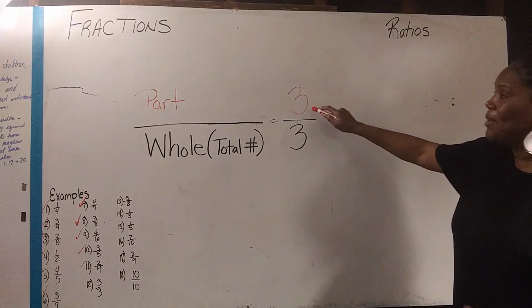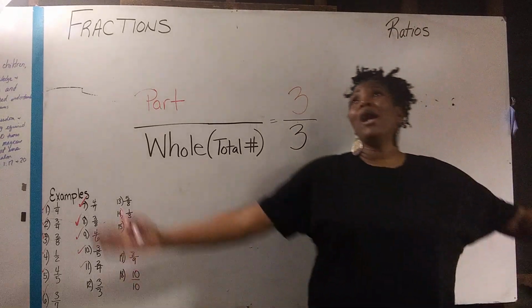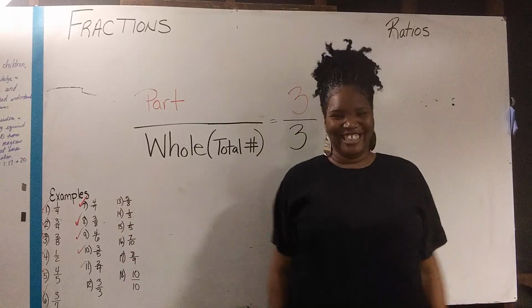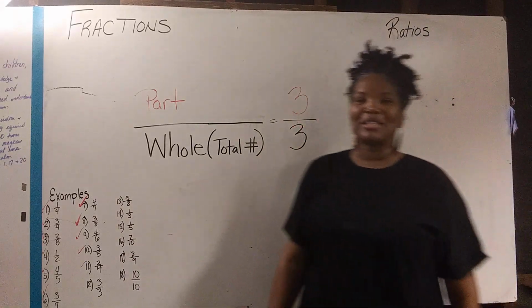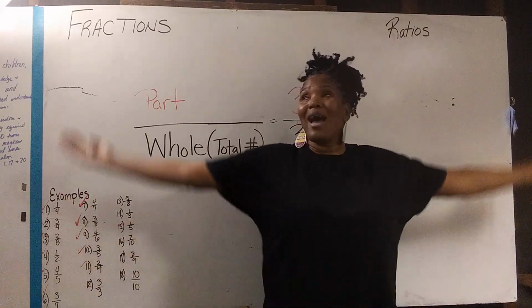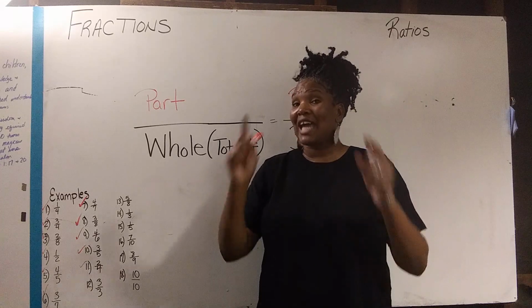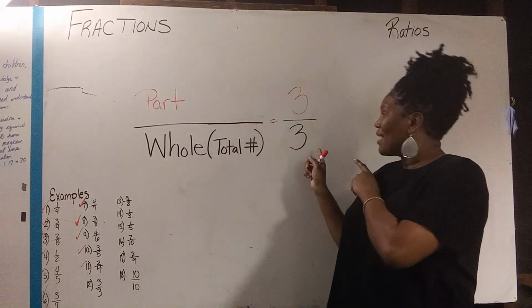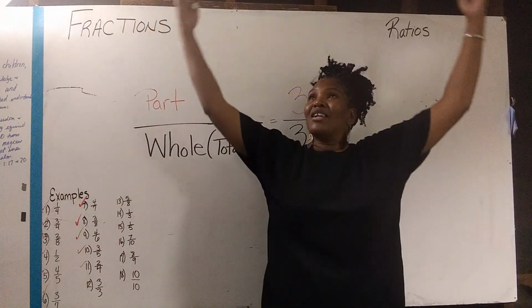Anytime you have the same number at the top and the bottom, we say that is 1 whole. If I have the same number at the top and the same number at the bottom, what is that? 1 whole. All right, let's try it again. If I have the same number at the bottom and the same number at the top, that is 1 whole.